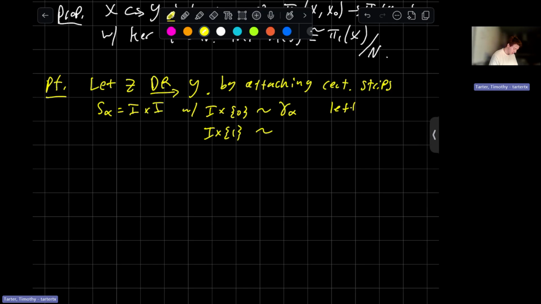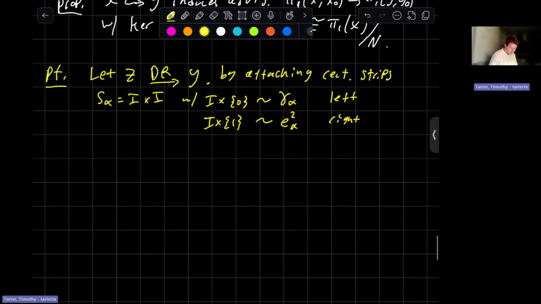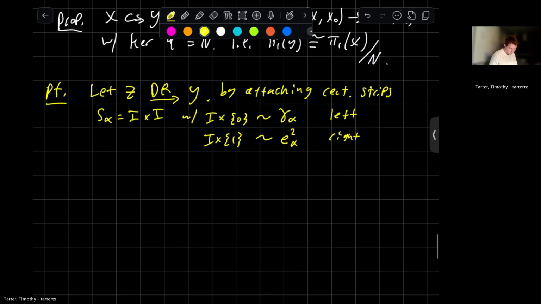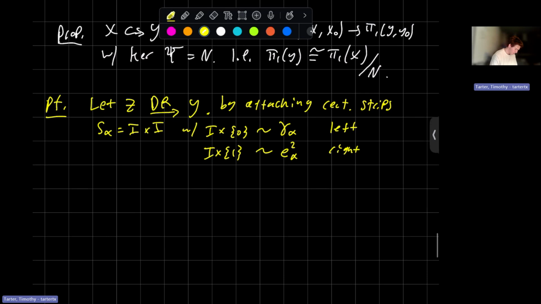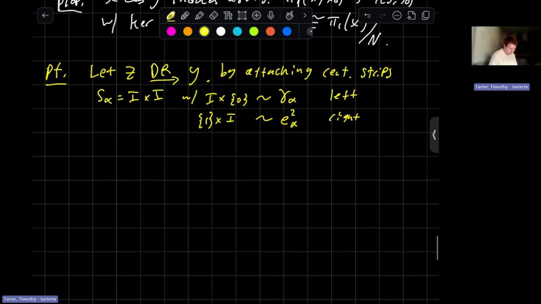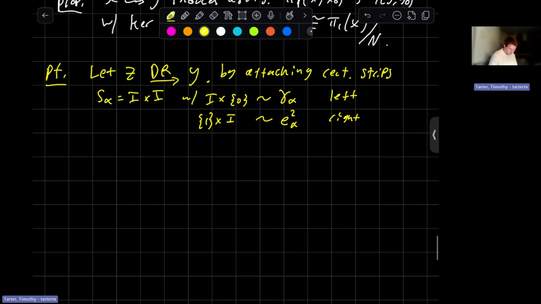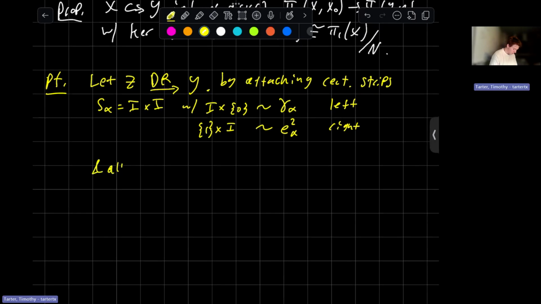This is the left edge, and all of the edges at 0 and I are identified together.